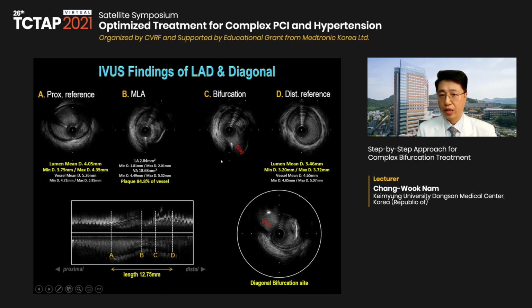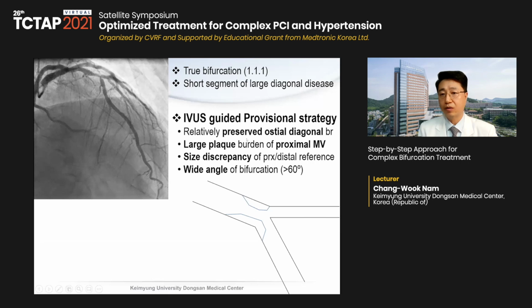As I already mentioned, most of the plaque was located in the main vessel proximal part, and the diagonal ostium was relatively spared. So in this case, it looks angiographically like a very complex true bifurcation, but on IVUS the diagonal ostium is relatively spared, with just a size discrepancy of the main vessel and a wide angle, so we can approach with the provisional strategy.